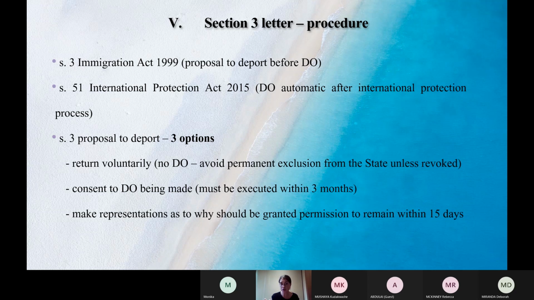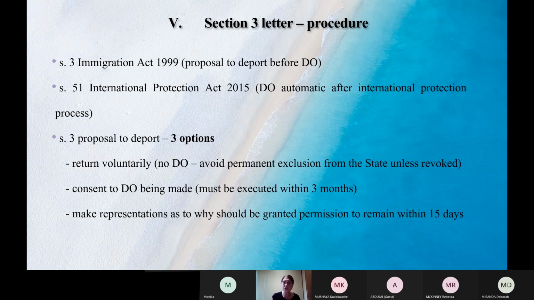They would return voluntarily, and the advantage of this is that they can come back if they have a valid permission in the future. A deportation order means that there's a permanent exclusion of that person from the state unless that deportation is revoked, and it's permanent. So the person would have to apply to have it revoked and then make an application for permission. So that can be complicated. So there can be advantages to returning voluntarily if that's possible.